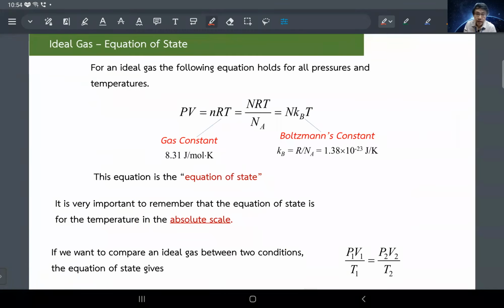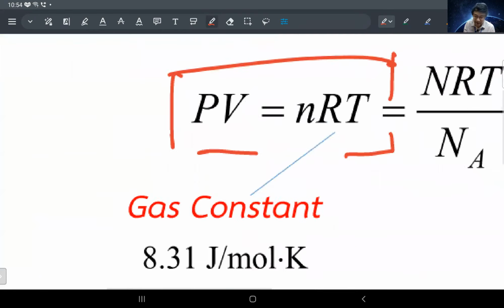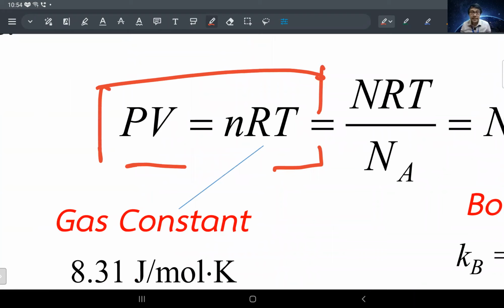Here we go. Are you guys familiar with this equation? Yes, PV equals nRT. Cool. If you are familiar with this, that's nice. If not, it's simple. Zoom it in. That's it, guys. This is the equation that tells you the relationship of the state variables of an ideal gas. Simple as that, seriously.